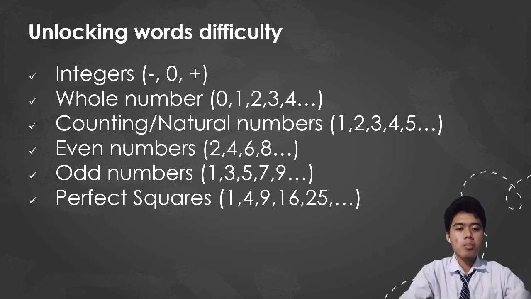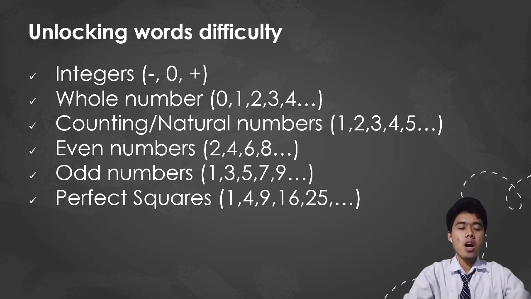And the counting number or natural number starts at 1. 1, 2, 3, 4, 5, 6, and so on. So the difference is that the whole number starts at 0, while the counting number or natural number starts at 1. Next is even numbers. Even numbers are 2, 4, 6, 8. Those are divisible by 2, right?